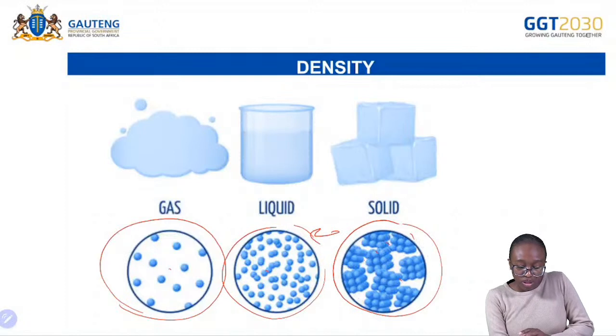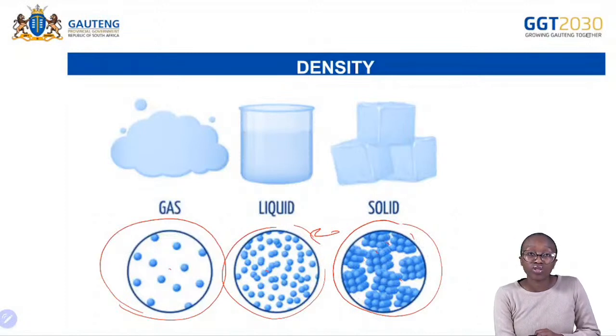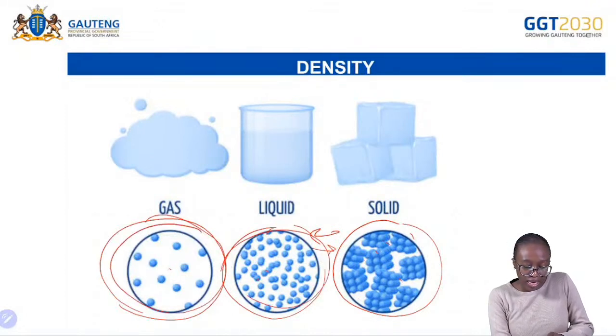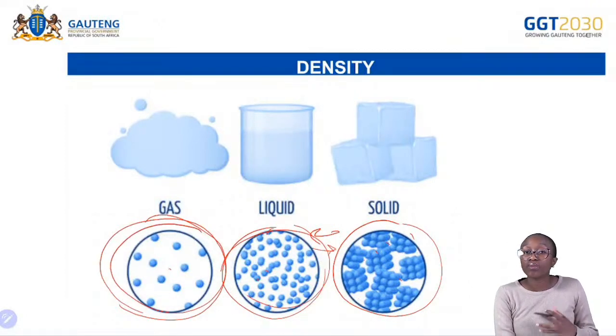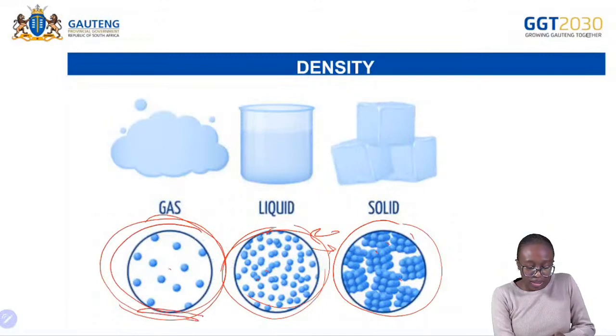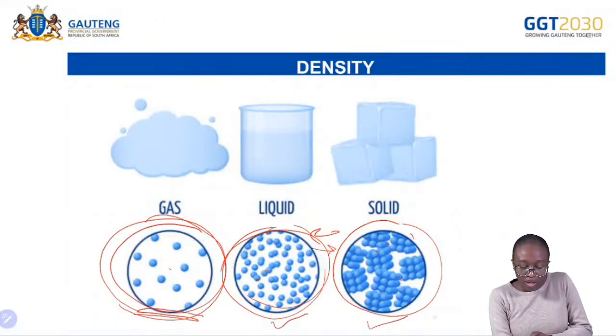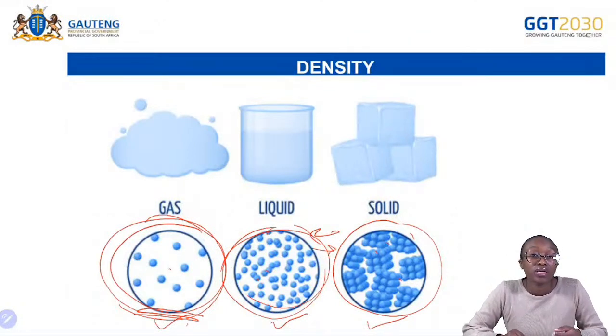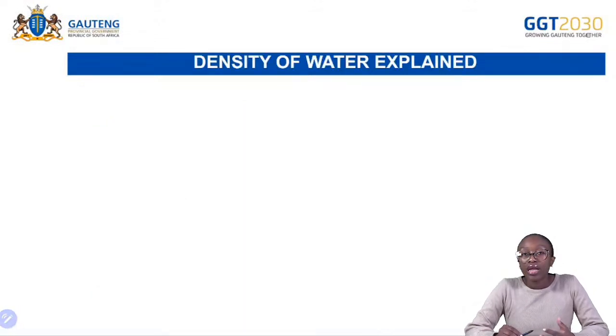If we move on to the liquid, yes, they are closely packed, but the spaces between the particles are bigger when we compare them to the solid, so we have fewer of them in this given volume. Now, with the gas, remember the gas fills up the available space, so within this given volume, which is equal to this one and this one, we have fewer gas particles, which means that our mass is even less.